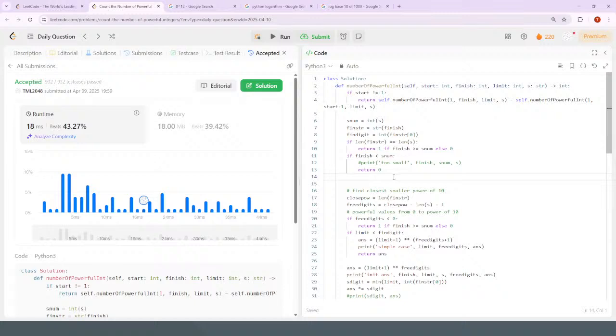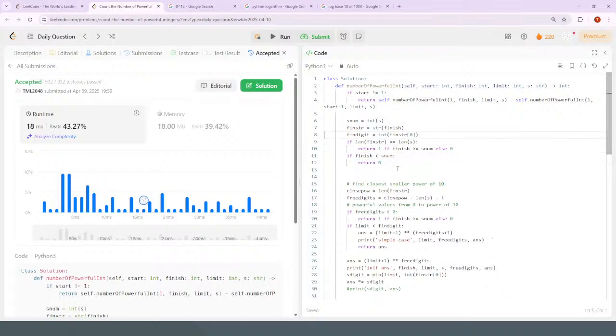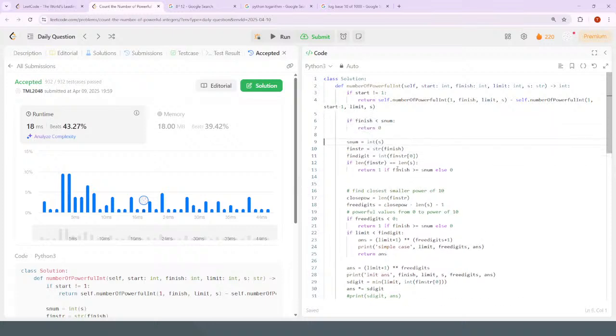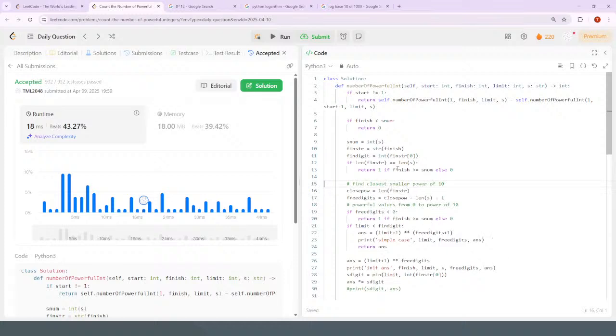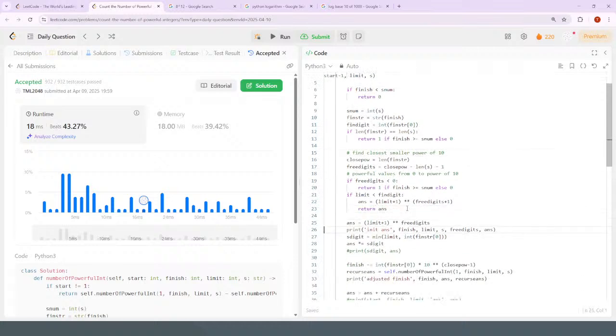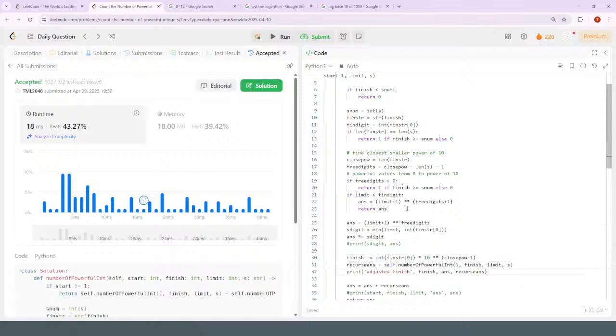Alright, so if finish is smaller than your snum, it's too small, I think. Okay, these are all fine to check. So that could be at the very start. And then removing some of these prints.